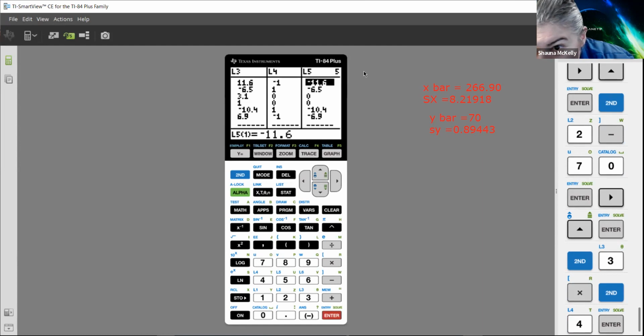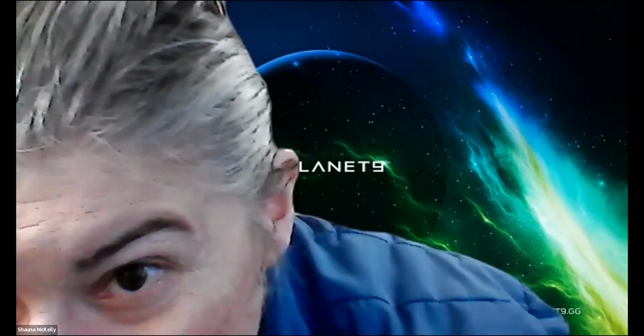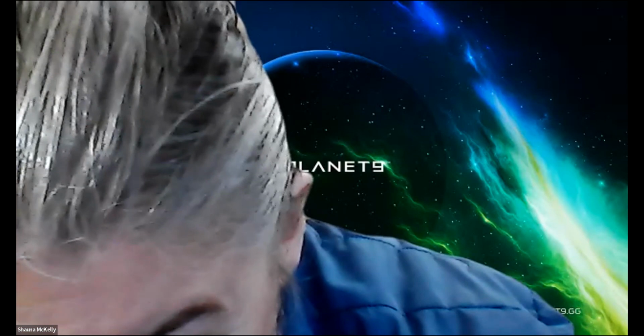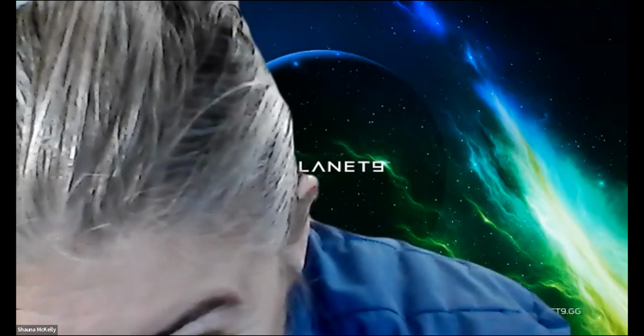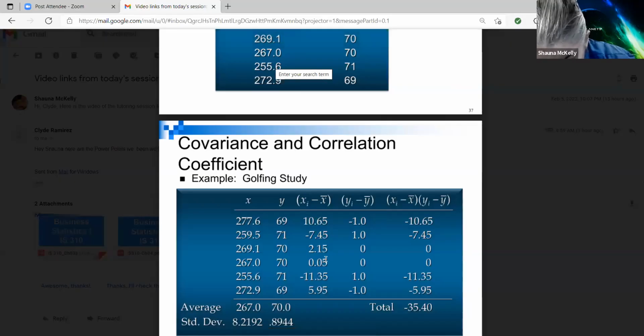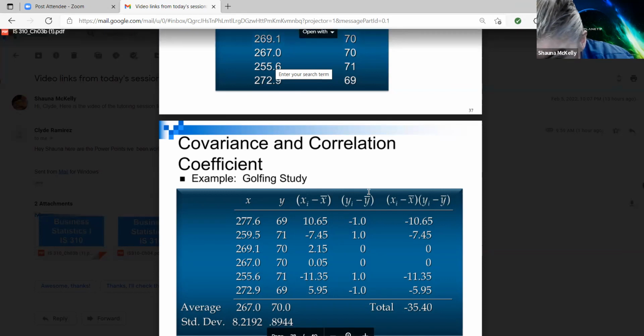Let me come back here for a minute because this is a lot to process. We created this L3 column with L1 minus X bar, which we wrote down. We created L4 with Y, which was L2 minus Y bar, which we wrote down. And L5 was the product of these two.